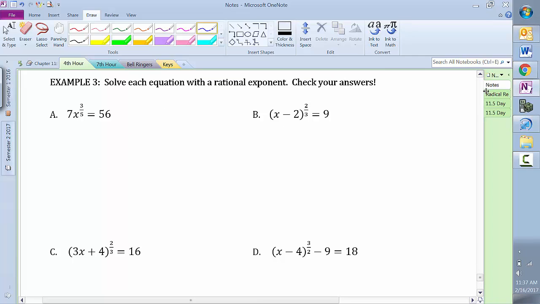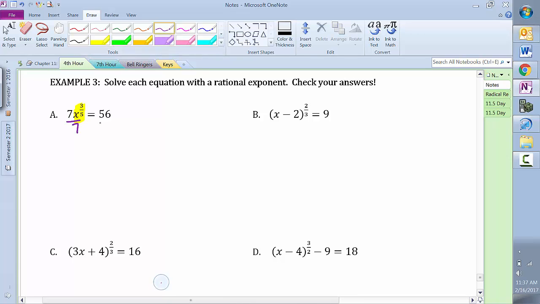So, solve each equation. Check your answers. Again, you want to isolate the variable. So here it is in yellow. If you have a highlighter, feel free to use it. What do I do to both sides to get rid of that 7? Because I have to isolate the variable first. It is multiplying, so what's the inverse? Divide.